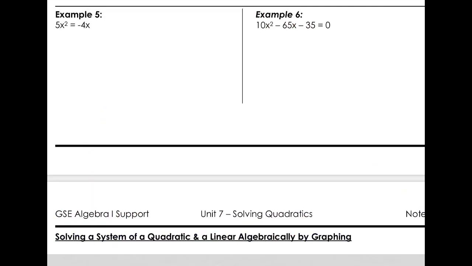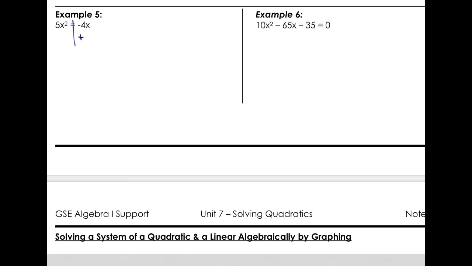Moving along, let's go to my next page here. All right, so example 5. Remember, we want the stuff equal to 0 with a positive x squared term. So how do we do that? We should know how at this point. We got to get this negative 4x to the other side.